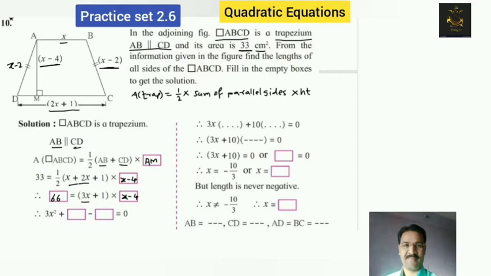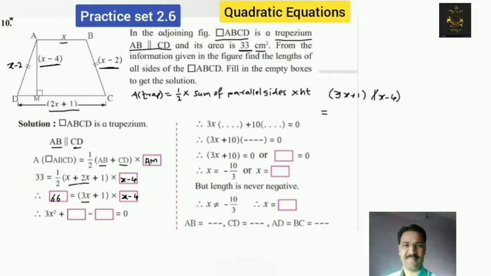Now we only have to simplify this part, and that simplification I'll solve here. See friends, this is 3x plus 1, and in the second bracket, that is x minus 4, we have to multiply these two brackets. Just see what will come here now.